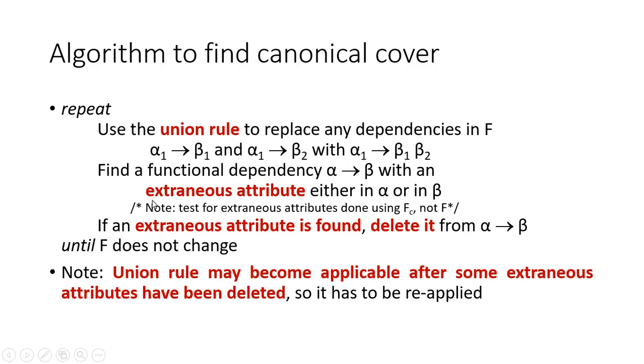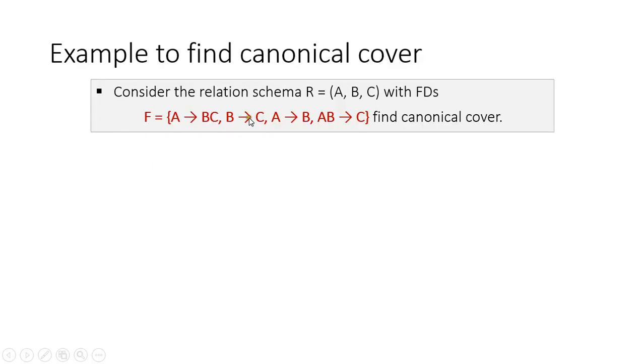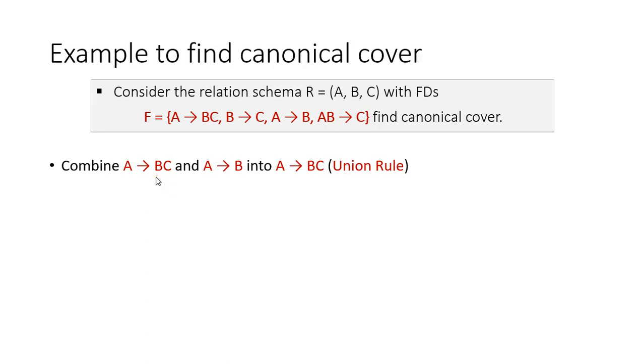Let's try to solve a small example. Consider the given schema with the functional dependencies A determines BC, B determines C, A determines B and AB determines C. To find the canonical cover, as per the algorithm, we have to check the union rule.